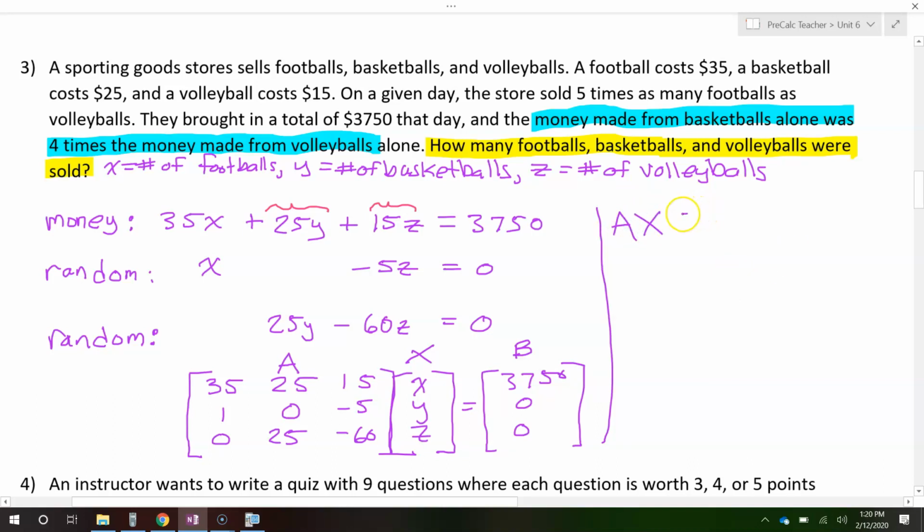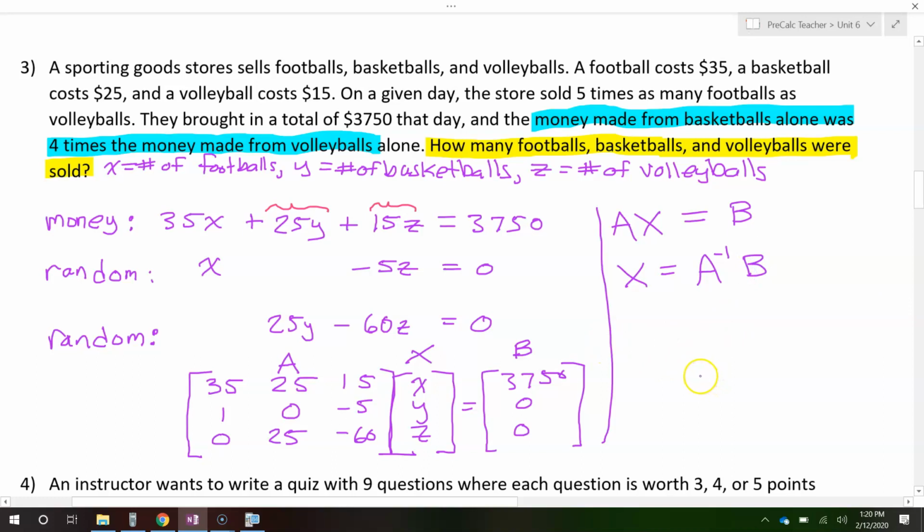So now, because I labeled them, AX is equal to B. Do you know what I'm going to say next? X is equal to B times A to the negative 1. A inverse, yes. So x equals A inverse times B.